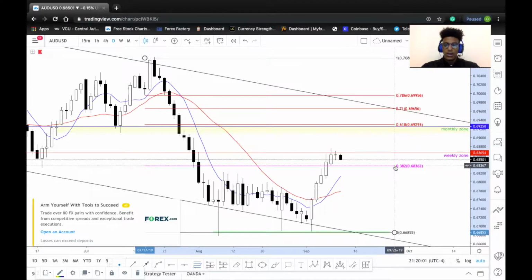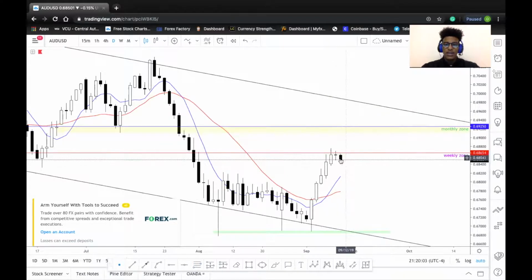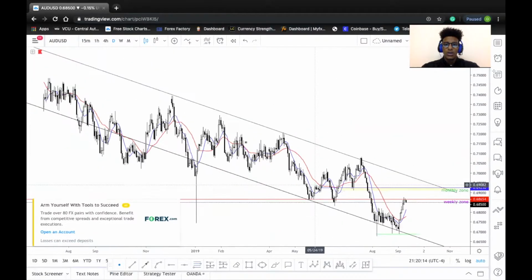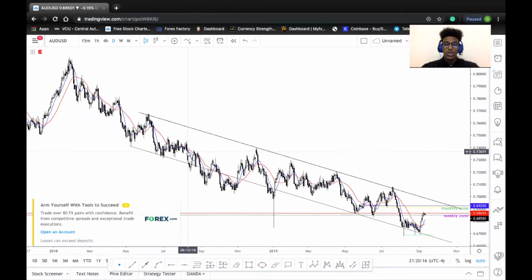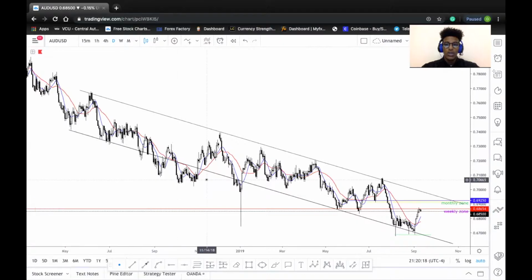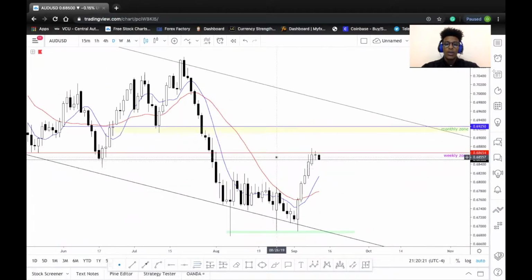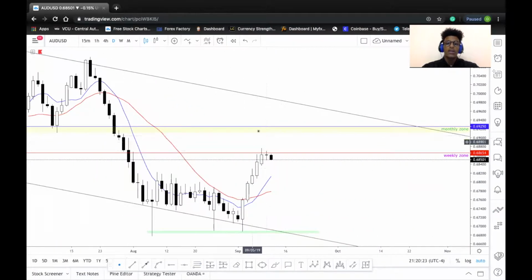Again, I'd like to see how this next daily candlestick plays out. If we do get an engulfing or another rejection candlestick, we can look to sell this down. From here to here, I believe it's about 200 pips. We are also trading in line with the trend. We have support and resistance, and we are waiting for that candlestick reversal pattern for us to execute the trade.